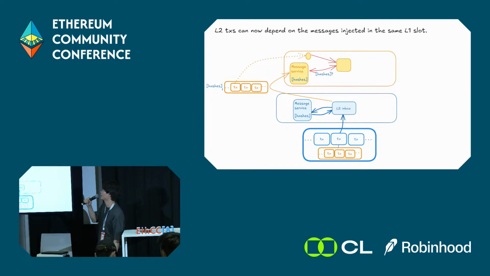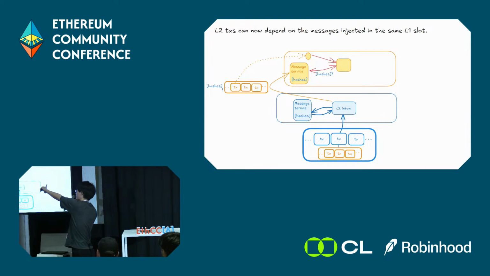What you get is that L2 transactions can now depend on the messages injected in the same L1 slot. So let's say that the first transaction in that L2 batch can call to an EOA that calls into a contract, and this contract can check whether, hey, do these hashes actually exist? You can condition it against it.